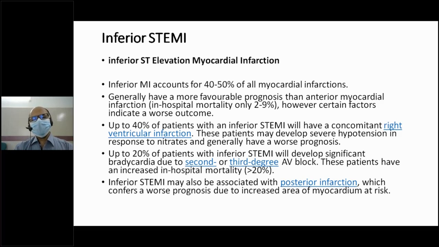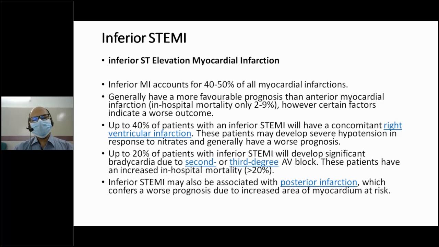When the patient has right coronary artery, and sometimes distal left circumflex involvement, this patient develops inferior wall myocardial infarction. Usually 40 to 50% of all myocardial infarction patients are inferior.